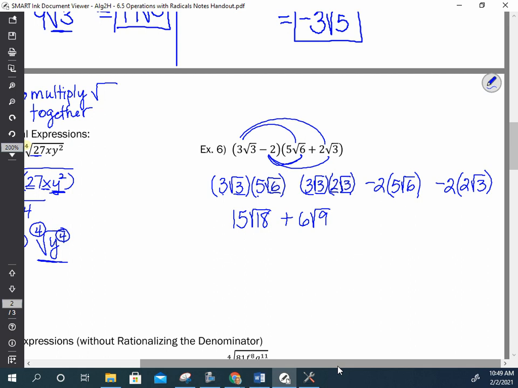The last two don't have two radicals. They have two numbers sitting on the outside. Negative 10 root 6, negative 4 root 3. Any questions before we continue?